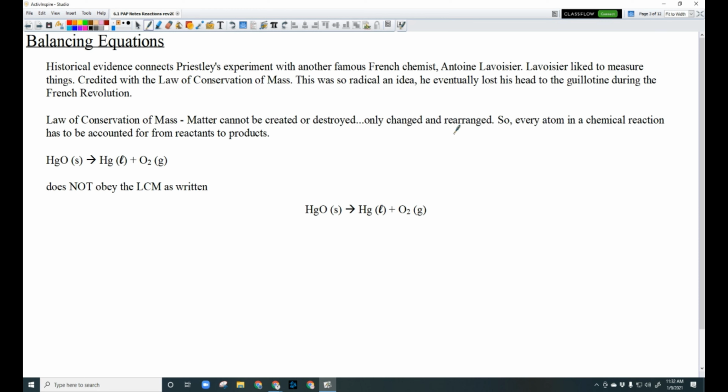He liked the quantitative part of chemistry. And so he's credited with what's called the law of conservation of mass, which back in his time, in the French Revolution, was a very radical idea, very radical. It was so radical that he eventually lost his head to the guillotine during the French Revolution. Okay, and you may know the French Revolution.